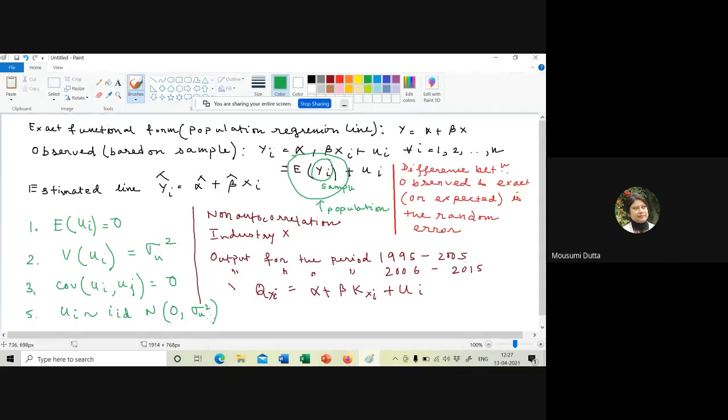Take a note. While we estimate a regression model using the ordinary least square technique, OLS, we do not need the fifth assumption of normality.